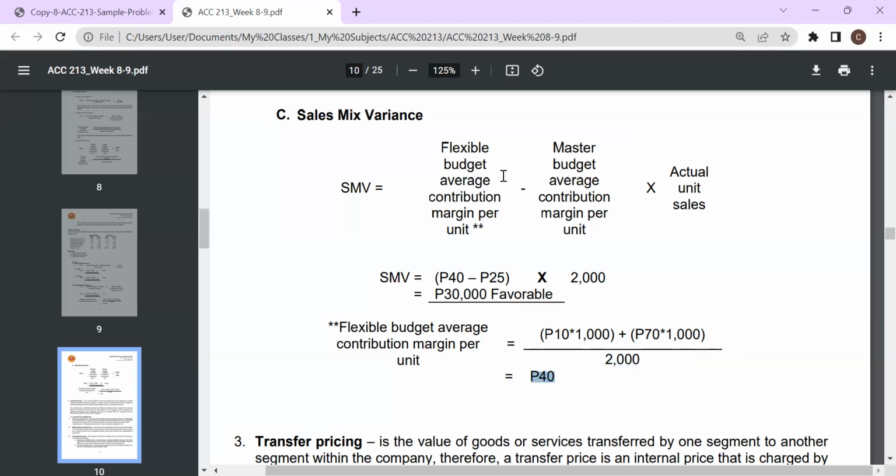Okay? So if you'll try to use this formula, no, and then substitute the amounts that you have computed, that will be 40, ito 40, ito minus 25. So there's a difference of 15 pesos. So times the actual units na nabenta na 2,000, so you'll have 30,000 favorable. So why favorable? Flexible budget is greater than the master budget na average contribution margin.